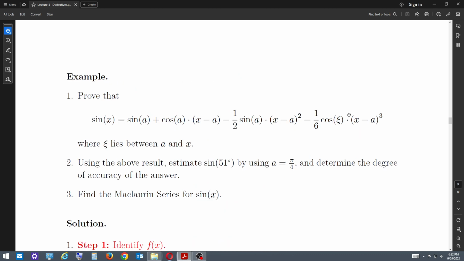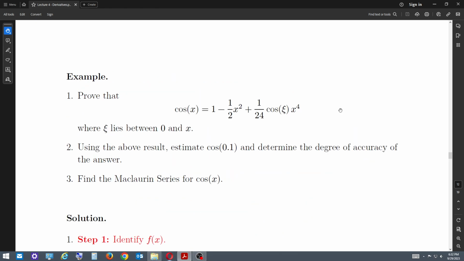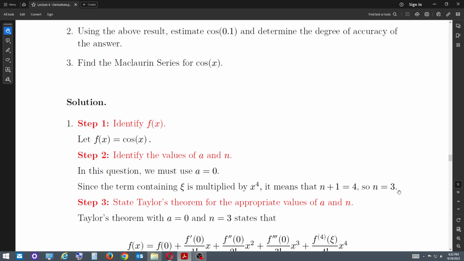The reason why we are subtracting 1 from it is if you look at Taylor's theorem, the last term always has n plus 1 as a power. So if I know what the power of the last term is, the term with xc, I look for this power and I subtract 1 and that will give me n. So in this case, because the power is 4, n will be 3.